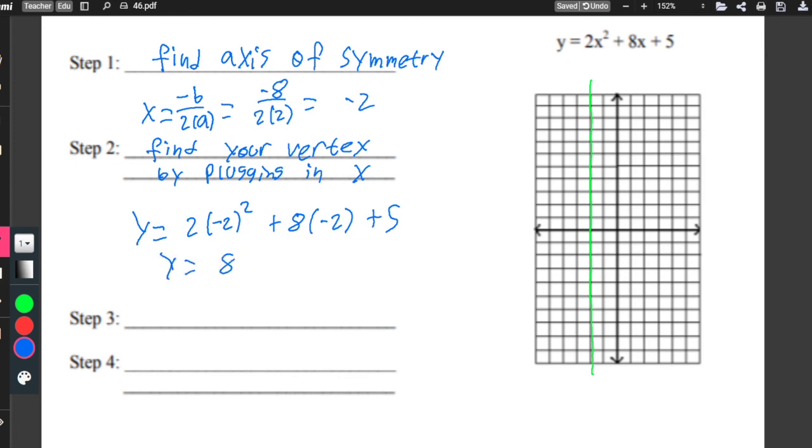Y equals 8 minus 16 plus 5. When we simplify this, negative 8 plus 5, we get y equals minus 3. So our vertex is at minus 2, minus 3.